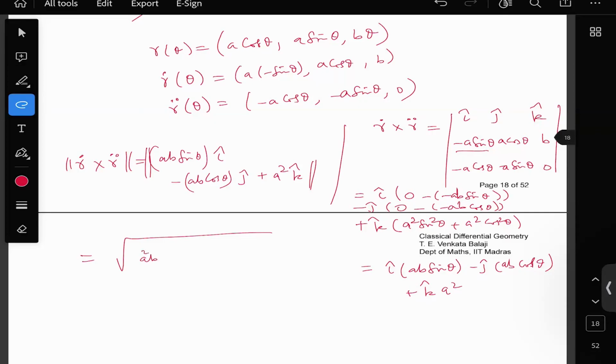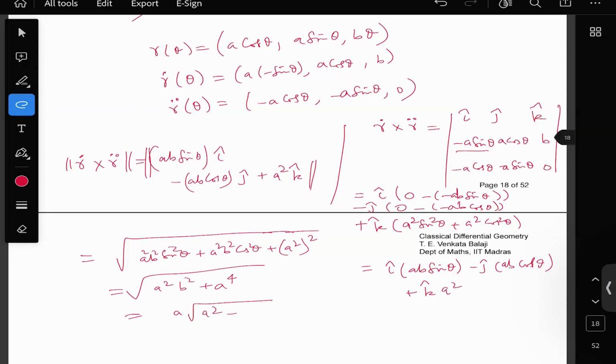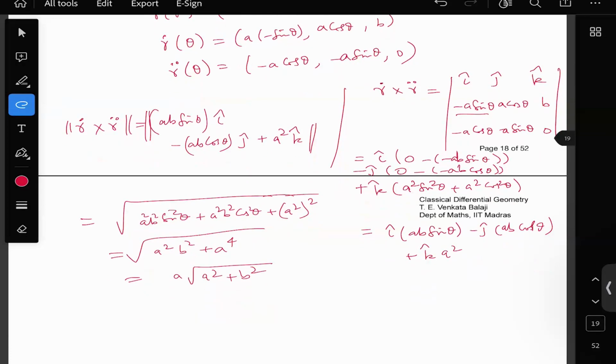So a squared b squared sine squared theta plus a squared b squared cos squared theta plus a squared, and this is going to be a squared. Something's wrong. Yeah, here there should be a square. So this is going to be a squared b squared plus a power 4, and finally an a will come out, and inside I'll get root of a squared plus b squared. Okay, so I get this.